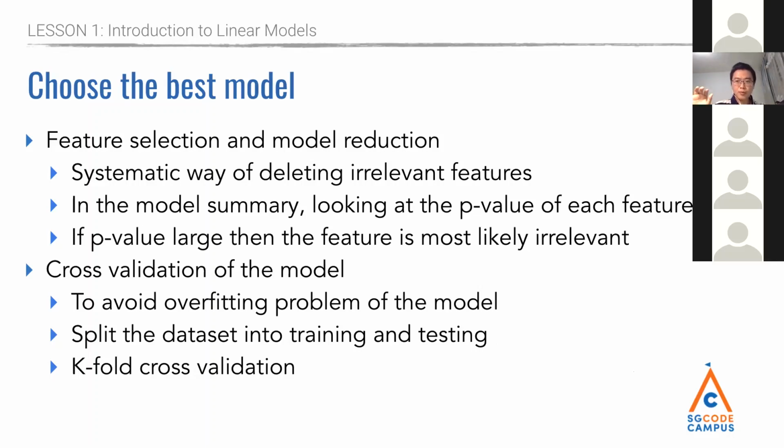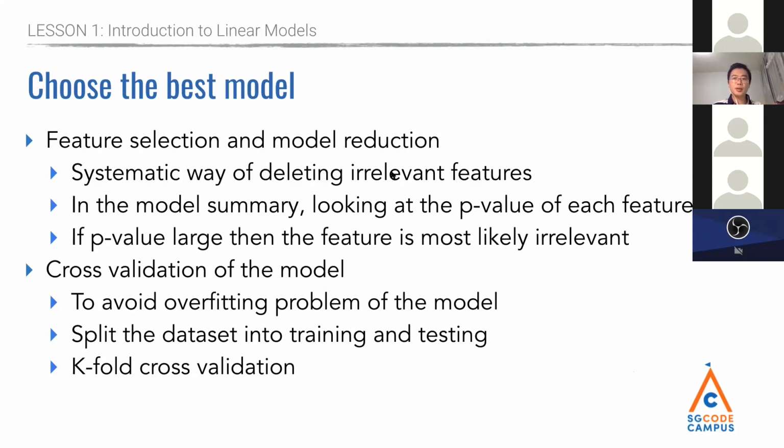So how many x is a kind of hyperparameter. You first decide how many x you want to put into the model and which x you want to put. Then you do a fit. The objective function comes in to help you find the best coefficient that minimizes your error. Don't confuse these two. Hyperparameter tuning is to choose your best hyperparameter. Then the fit is to choose the best coefficient.